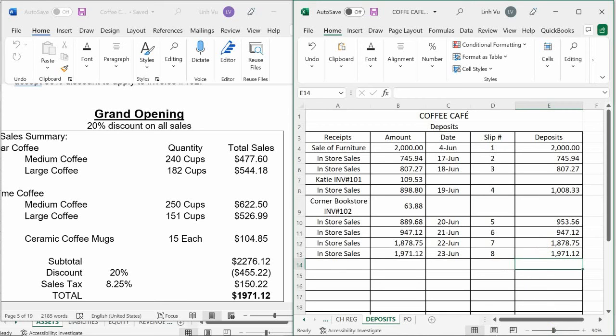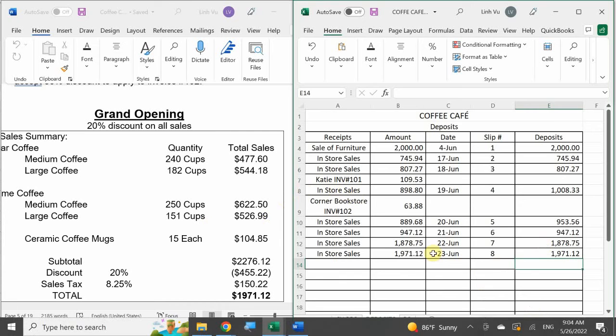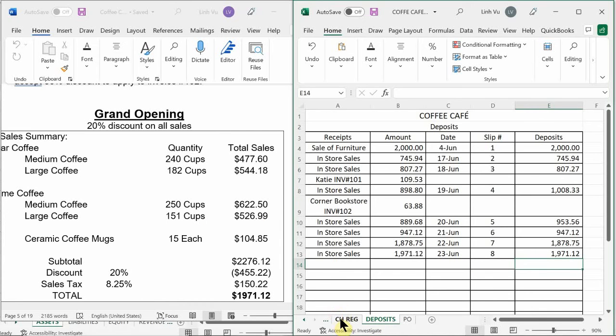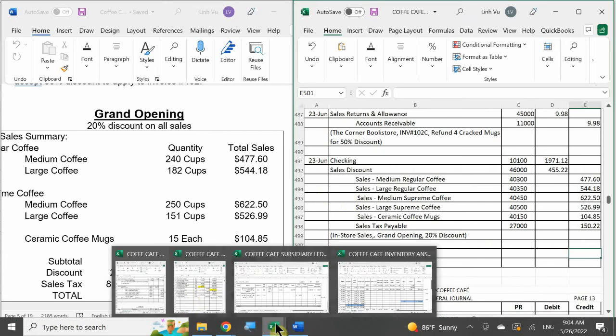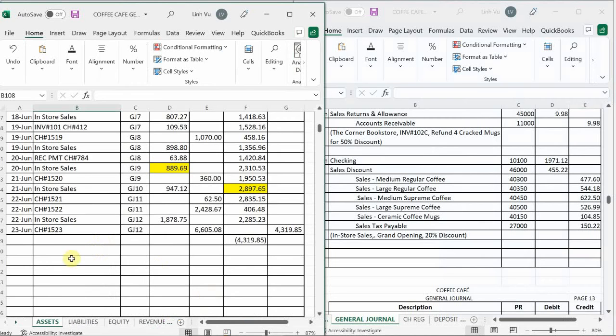Okay. So now that I've deposited this money in my checking account, it will actually go through to my checking account. So here we had some in-store sales, Journal 12.